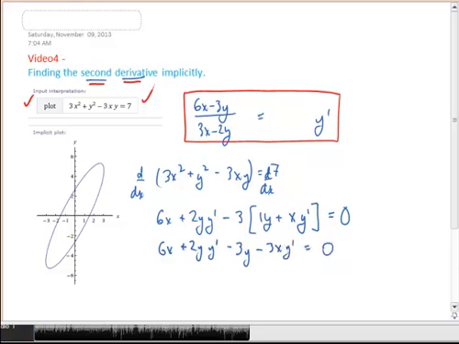And then I'm going to separate those terms, and I'm moving the terms to the right. So those are gone.